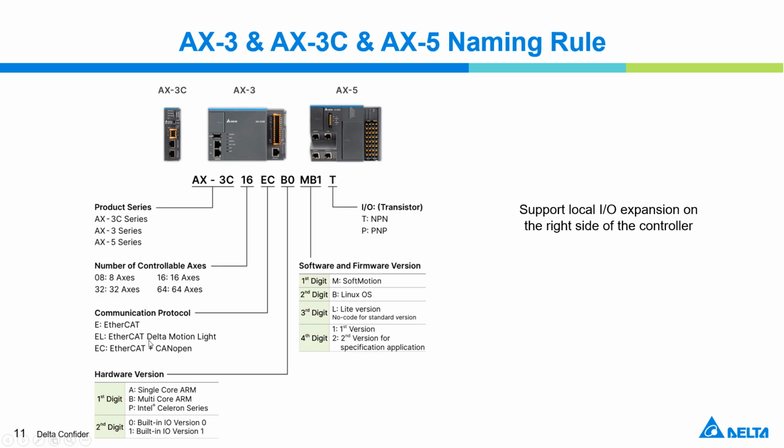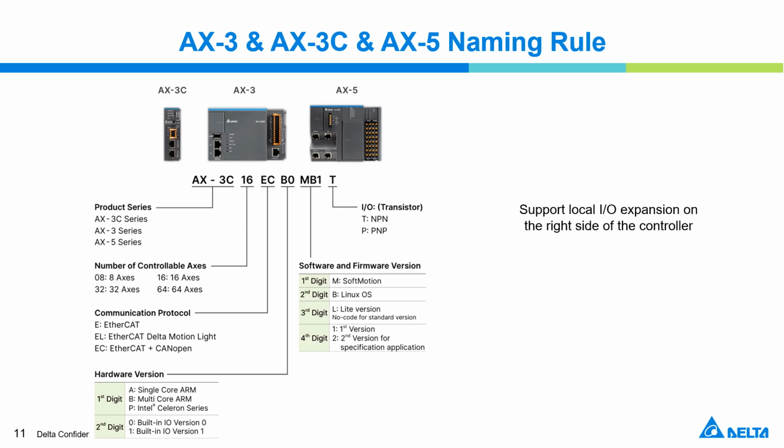for the EtherCAT data motion light, why do we have this module? Because the module with EL means the controller only supports the DL motion control library. It is just for some simple applications to control the position axis or velocity axis.